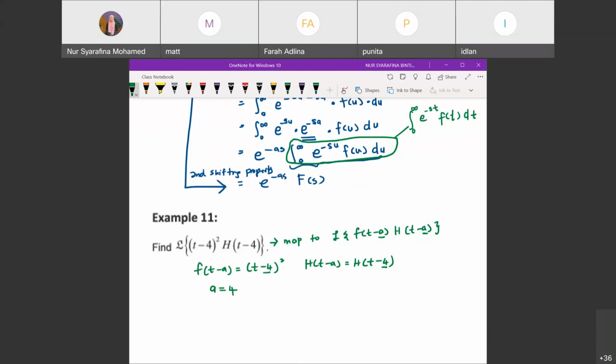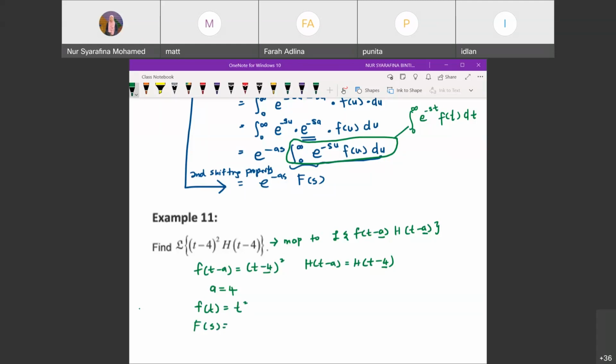When f(t minus a) equals (t minus 4) squared and a equals 4, then what is f(t)? Anyone want to try? Okay, so f(t) equals t squared. When f(t) equals t squared, what is F(s)? By transforming t squared, we will have what?